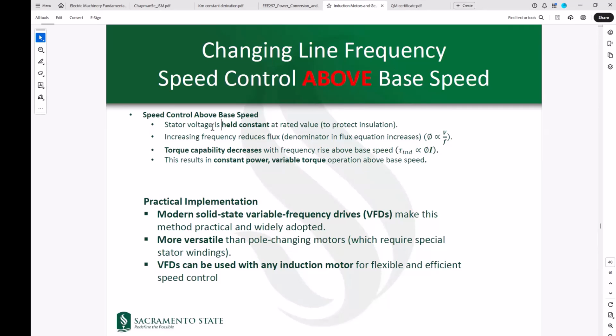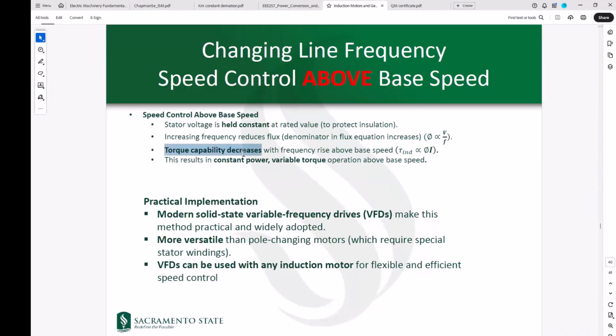Why? That's because increasing the voltage would hurt the insulation in the machine. So you want to protect the insulation in the machine. That's why you don't want to go over voltage. Because of that, if you're increasing f and keeping V constant, this means that you are reducing the flux, right?